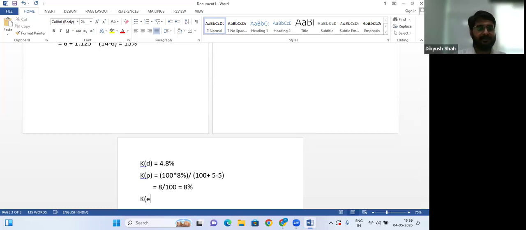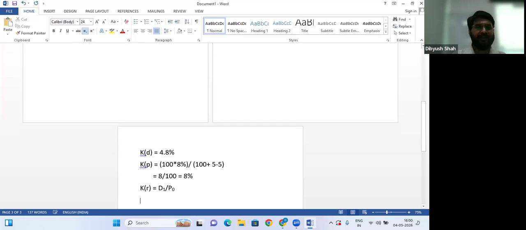Ke is what I need now. First, let me calculate Kr. Now, what is the difference between Kr and Ke? Remember, in Kr there is no flotation cost. So the formula will be D1, or you can call it D0, whatever, because dividends are constant, right? And you will divide it by the current market price only, because you will get the entire money to yourself.